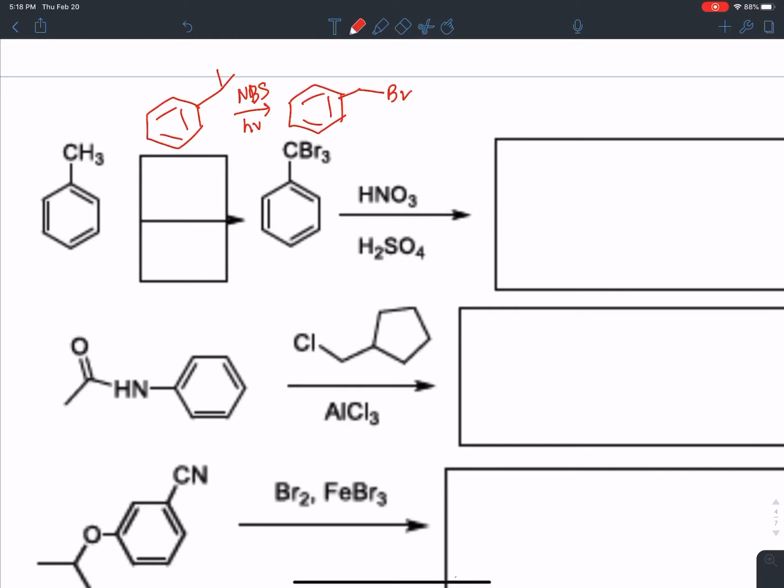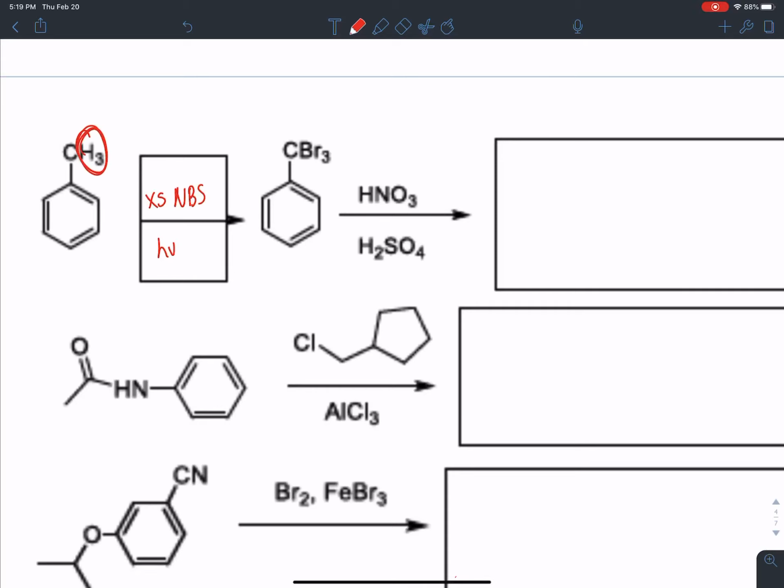There were 3 H's on this carbon, and what NBS did was it removed one of the H's and replaced it with a Br. So if you want C, Br, Br, Br, you just got to do NBS 3 times, or excess NBS over HV, which is going to replace all 3 of these with Brs.